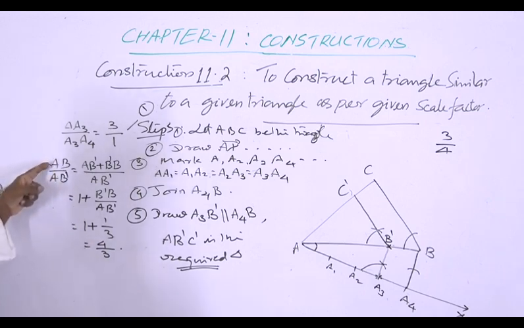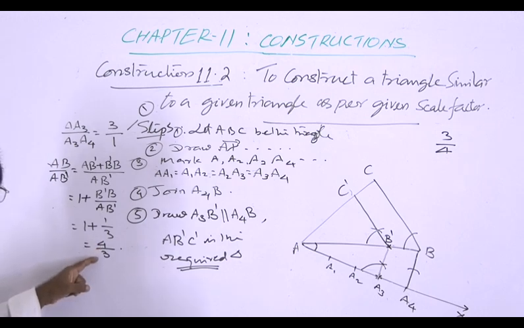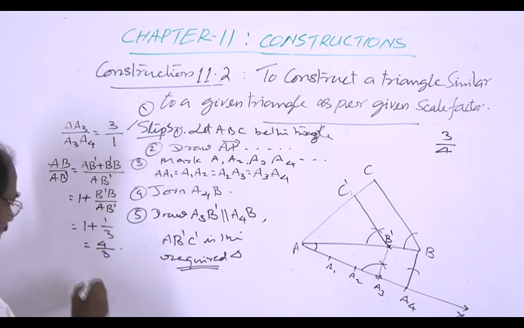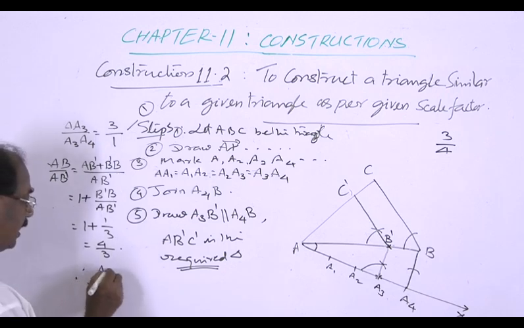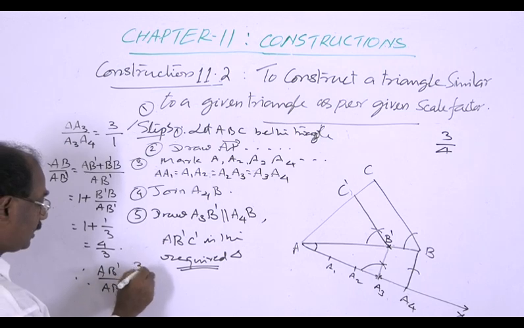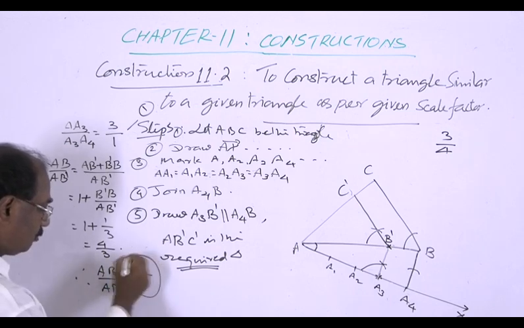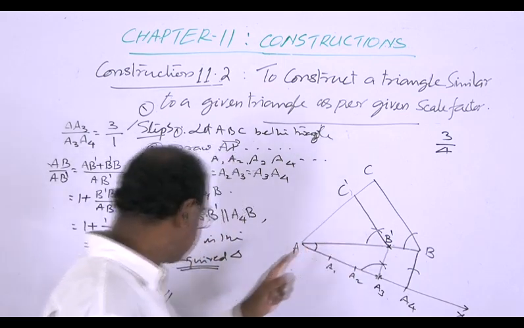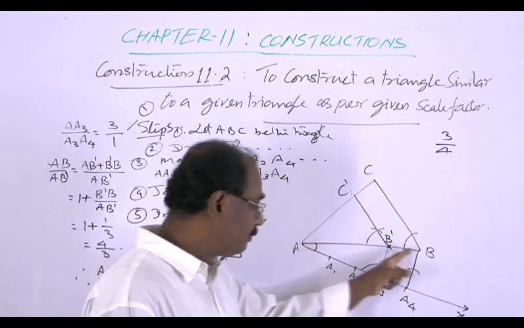That is, AB by AB dash is 4 by 3. Therefore, AB dash by AB is equal to 3 by 4.